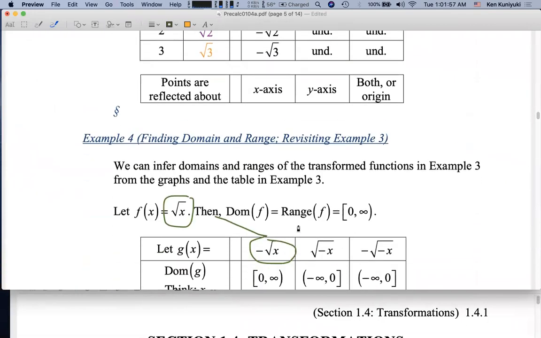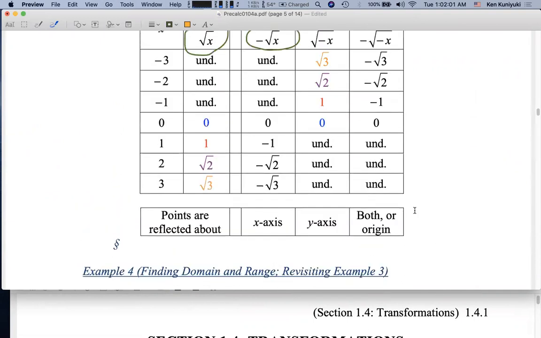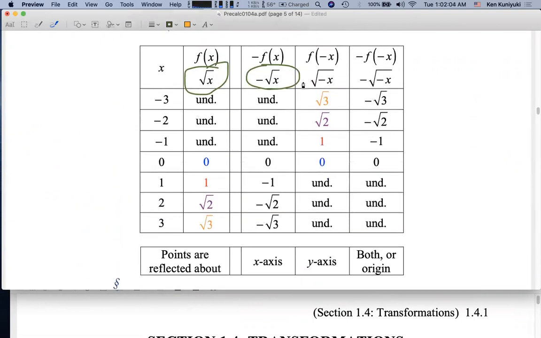Remember that for the square root function, the domain and the range were both the non-negative reals. Now, going from y equals root x to y equals the square root of the opposite of x, check this out. The domain for root x was the non-negative reals. But what's the domain for the square root of the opposite of x? It's the non-positive reals.